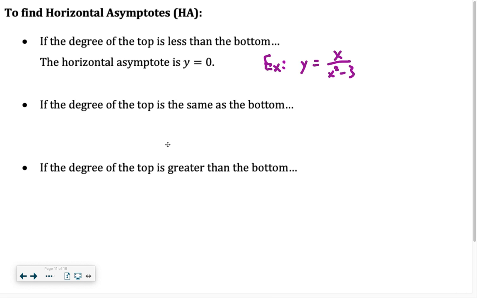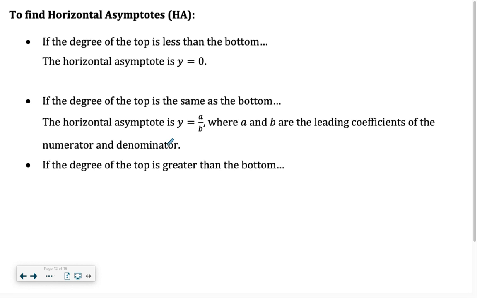Second possibility is if the degrees are the same. So here, if we've got the degrees the same, let's write down an example as we're talking about this. We could have something like y equals 2x cubed minus 4 over 7x cubed plus x, where the degrees are the exact same.